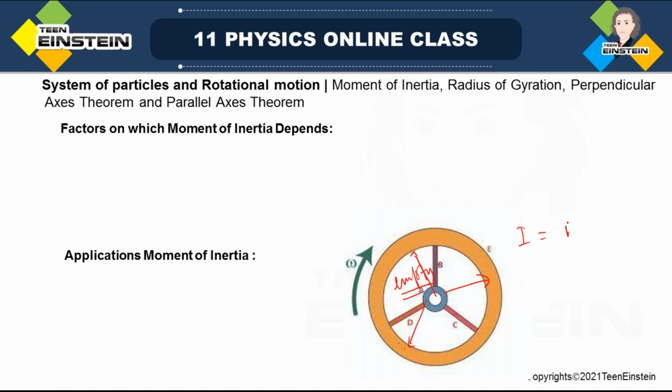I is equal to summation of m r square. If we put more mass, then moment of inertia increases. Or if we increase the distance of mass from the axis of rotation, then also moment of inertia increases. So in case of a cartwheel or bicycle wheel, more mass is put on the rim because you need to increase the moment of inertia.